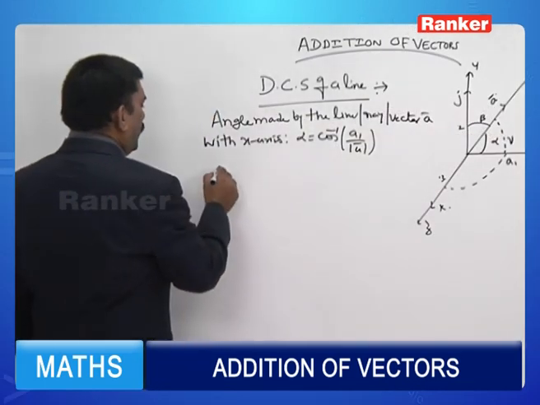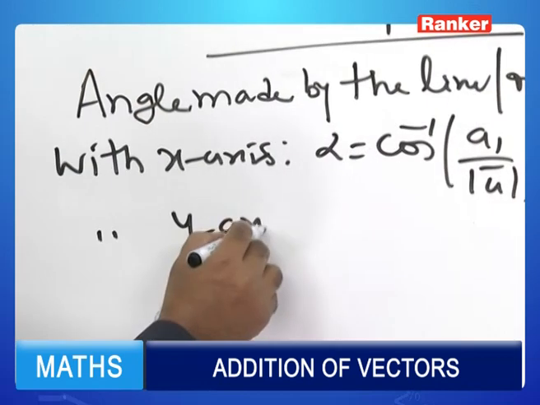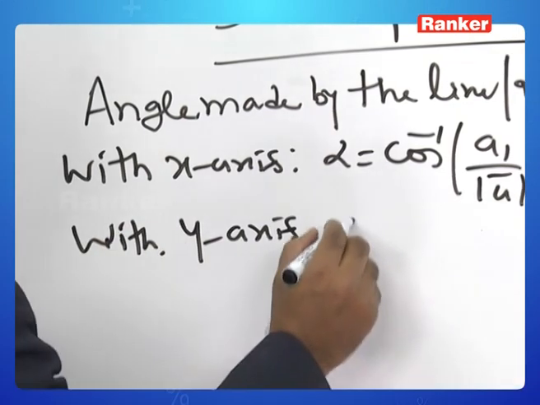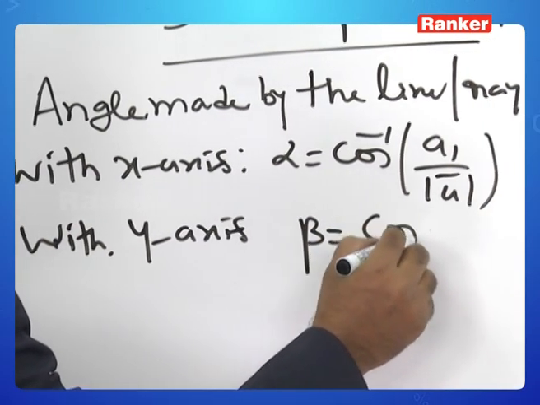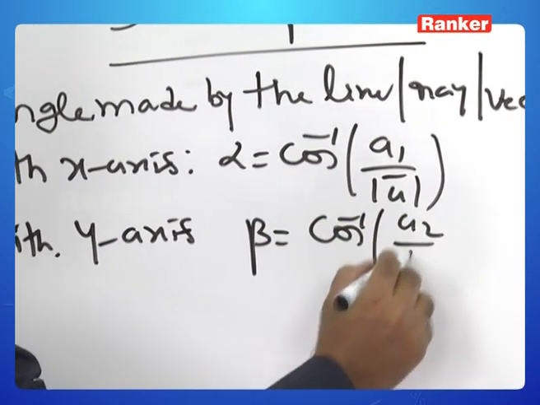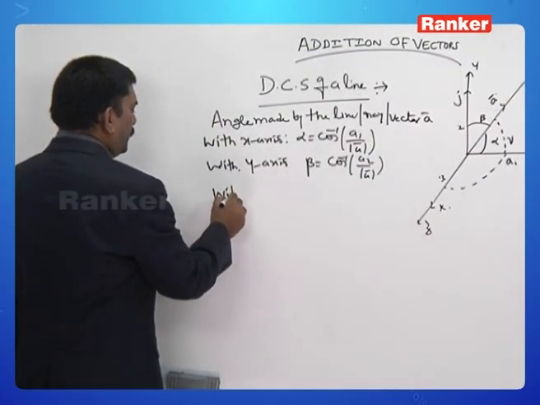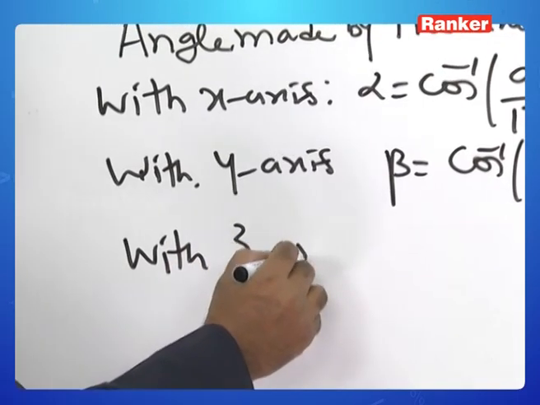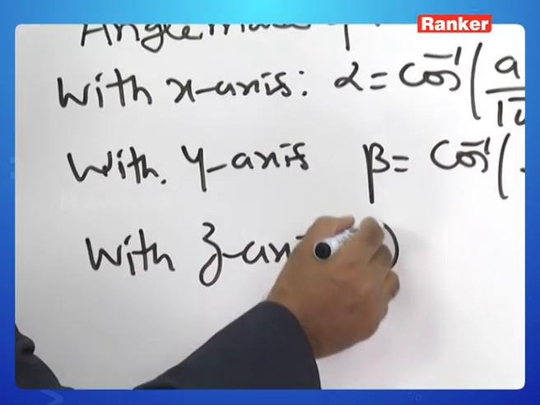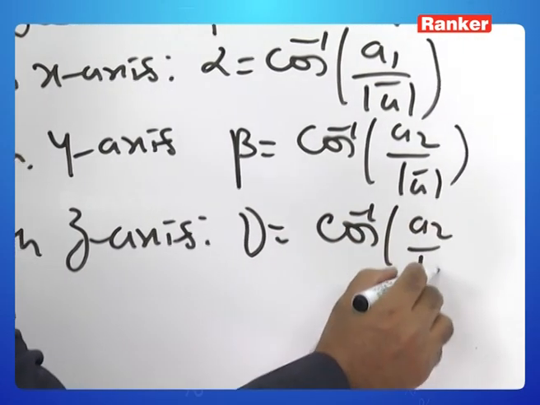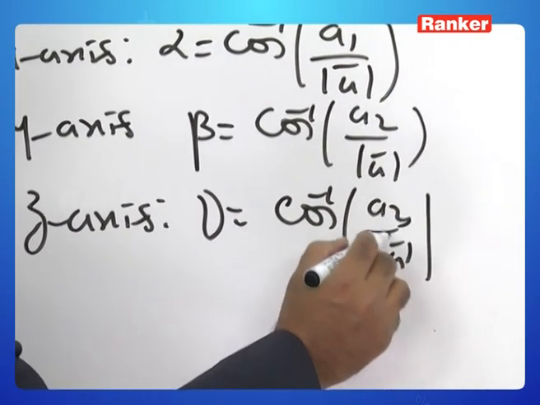With the y-axis, beta is equal to cos inverse of A2 by modulus of A. With the z-axis, gamma is equal to cos inverse of A3 by modulus of A bar.